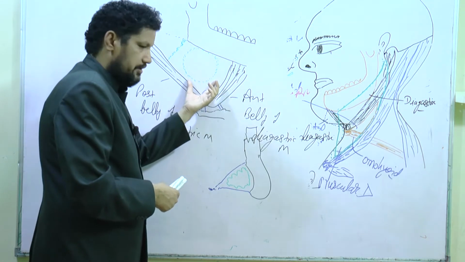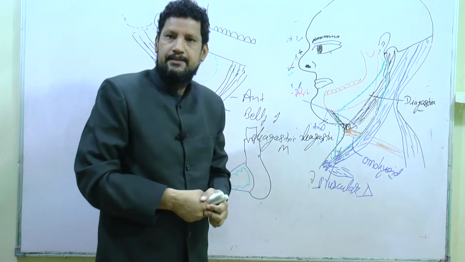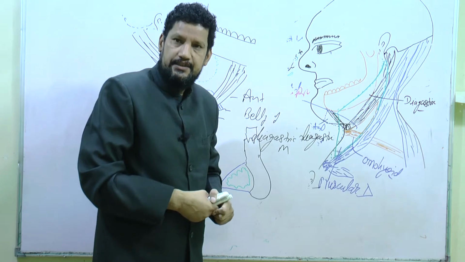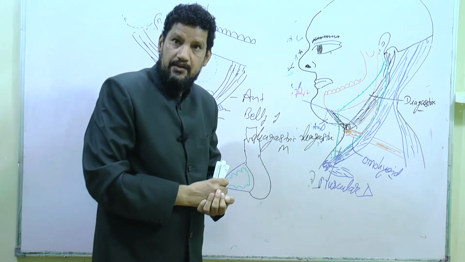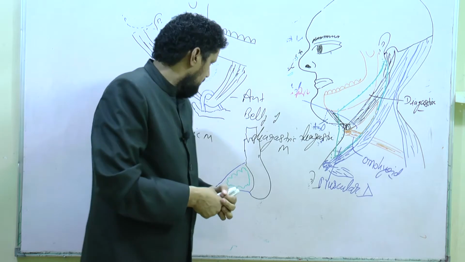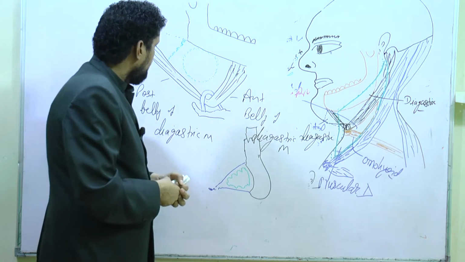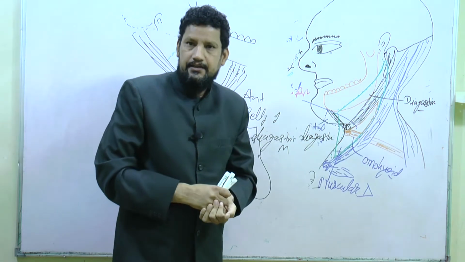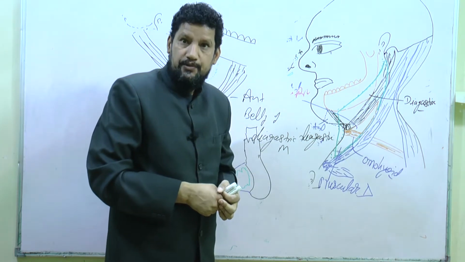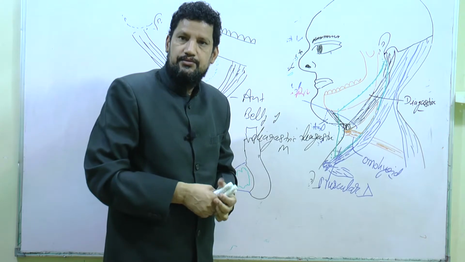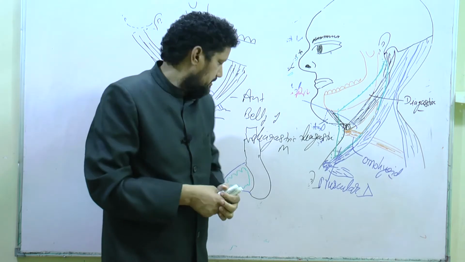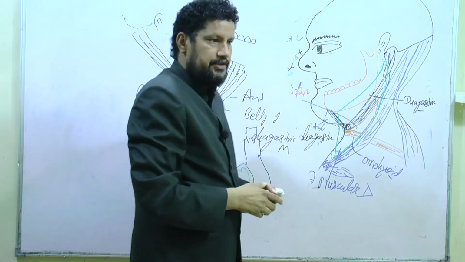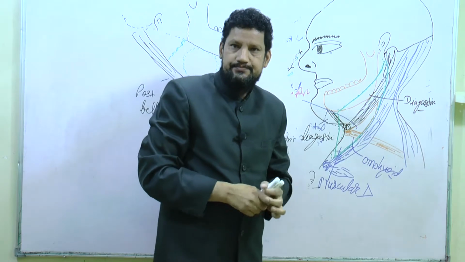The superficial part of the submandibular gland is having two ends, anterior end and posterior end, and three surfaces, medial, lateral and inferior. The anterior end of the superficial part is related to the posterior belly of digastric, and the posterior end is related to the stylomandibular ligament.